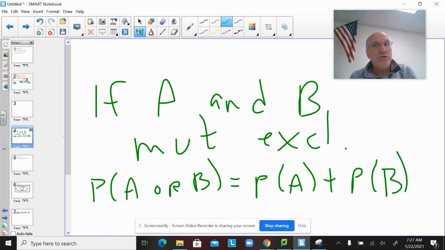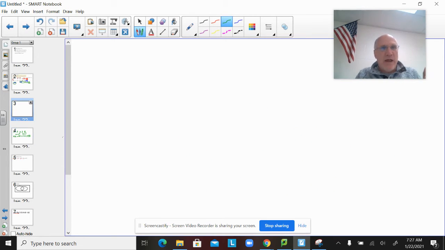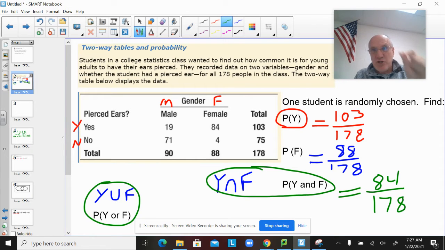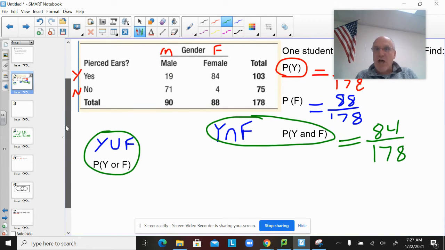That's a very easy rule to use, and it's a very powerful rule. But in this case, we can't just do that because Y and F, yes and female, are not mutually exclusive.